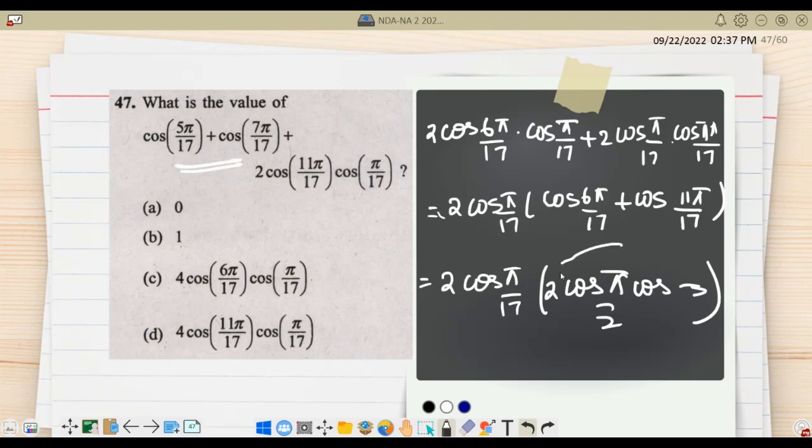So whatever the value that may come here, cos pi by 2 is 0, and because everything is multiplication, the whole value is going to be 0. So 47 is option A.